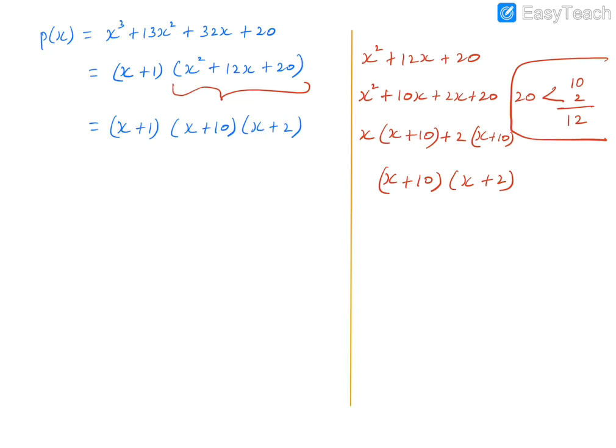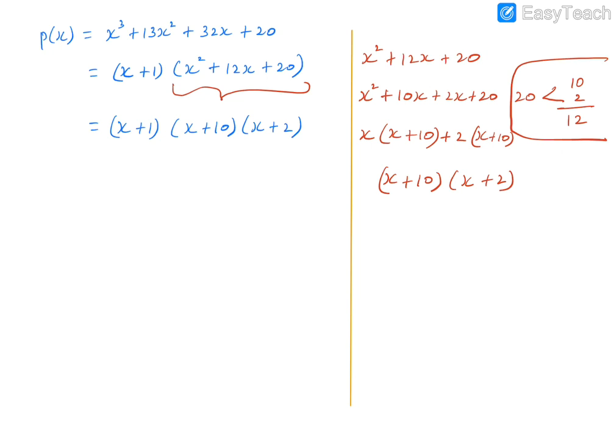So that is the complete set of factors for our given polynomial. Okay, so now we have completed our problem. The factors of x cubed plus 13x squared plus 32x plus 20 are x plus 1, x plus 10, and x plus 2.